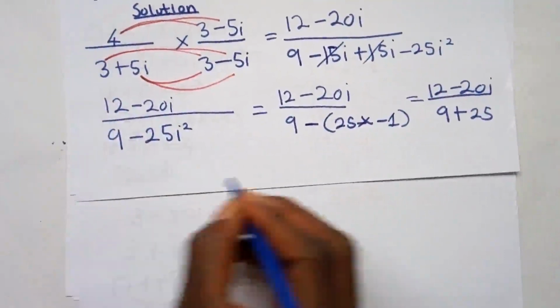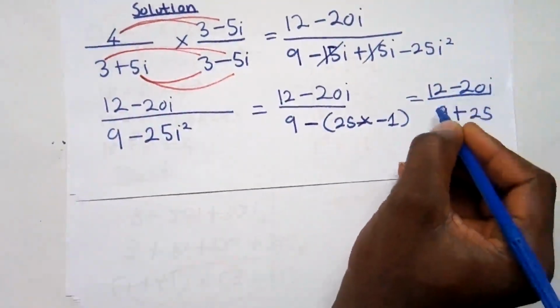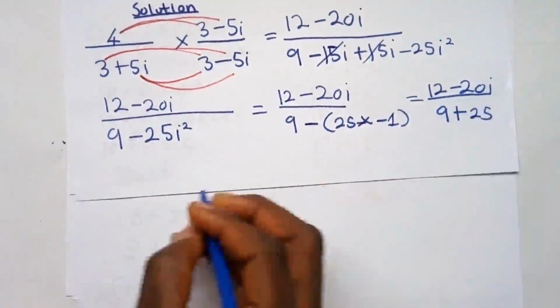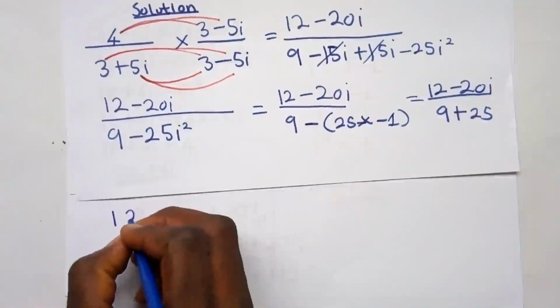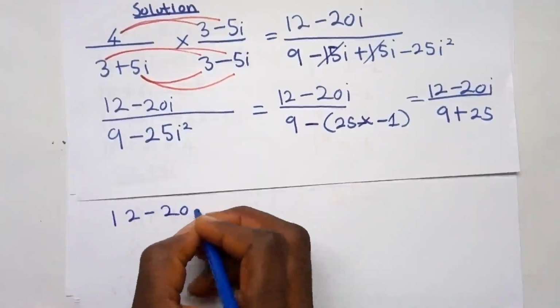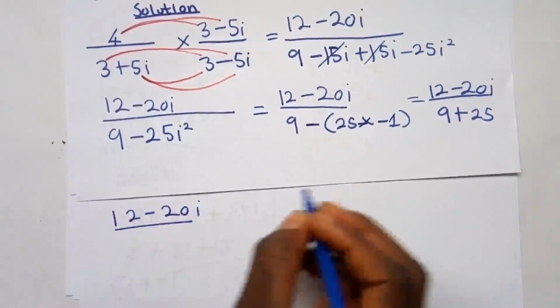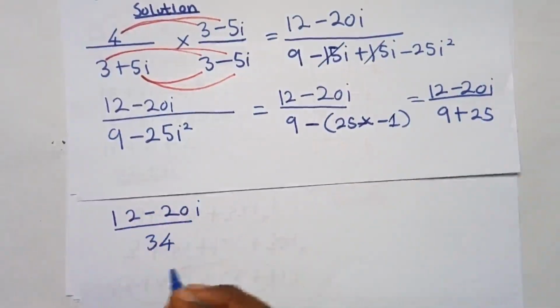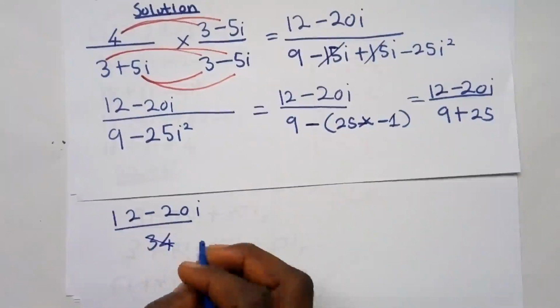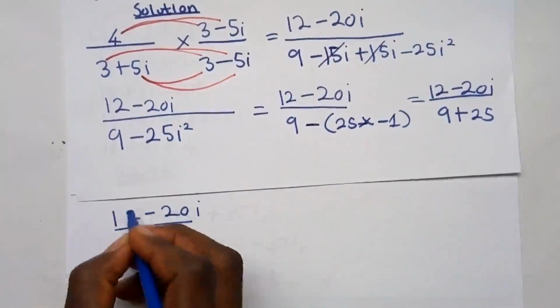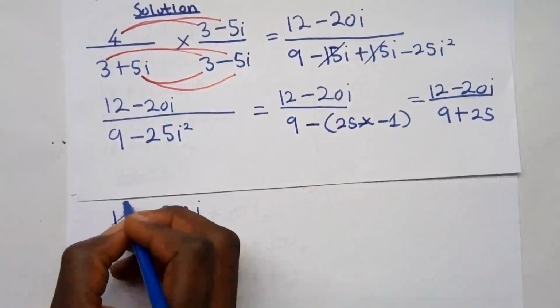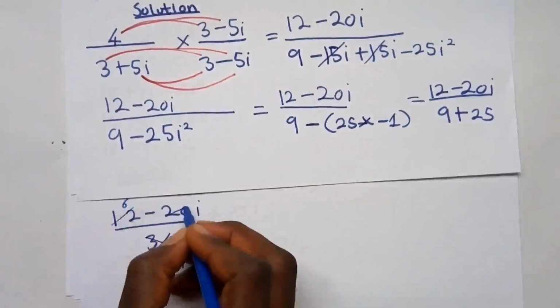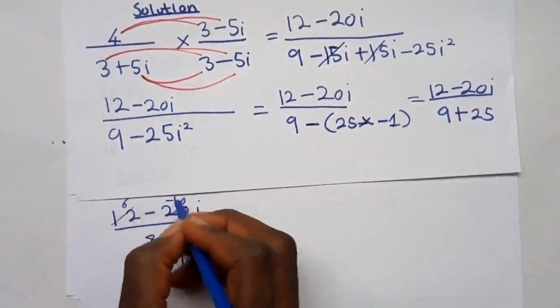So we have 12 minus 20i all over 9 plus 25. 9 plus 25 gives us 34. 34 divided by 2 gives us 17. 12 divided by 2 gives us 6. Minus 20 divided by 2 gives us minus 10.